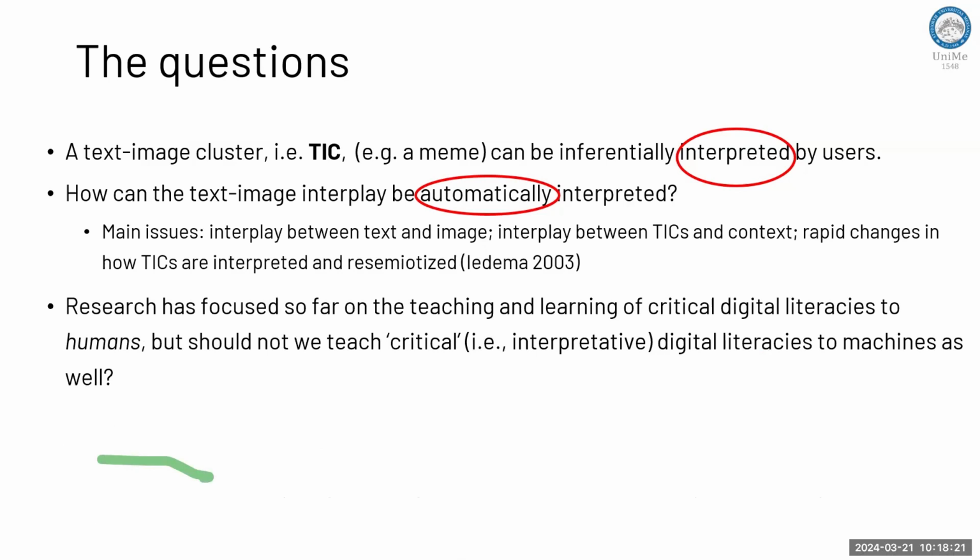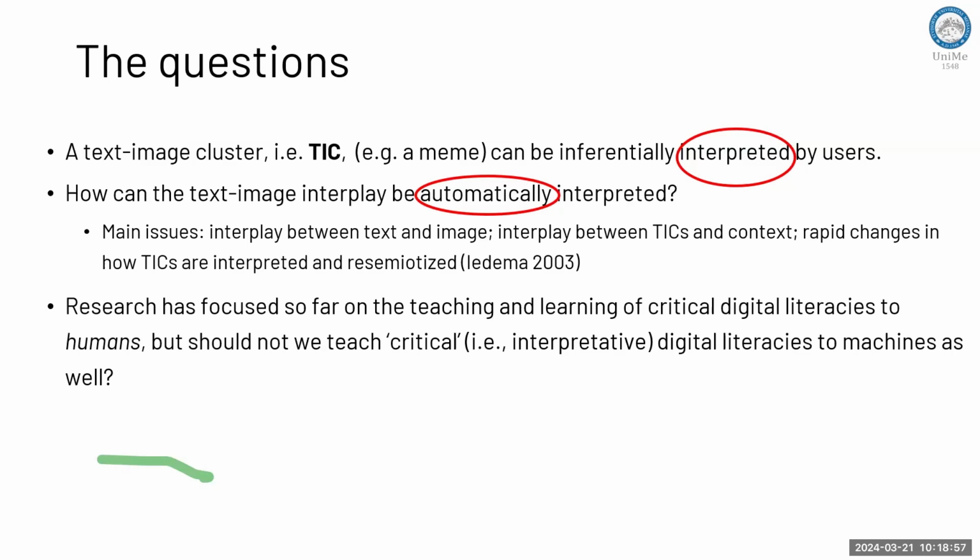And how these are interpreted and resemiotized, because a typical feature of memes and also of other multimodal artifacts, for example TikTok Reels, is that they are continuously resemiotized. For example, with TikTok Reels, the so-called duets, or remixing and refashioning the multimodal content that has been produced in the first place.